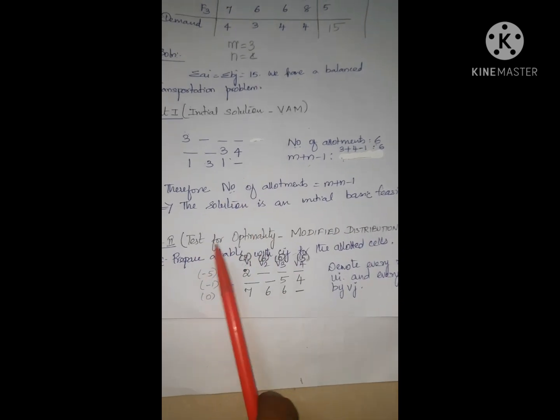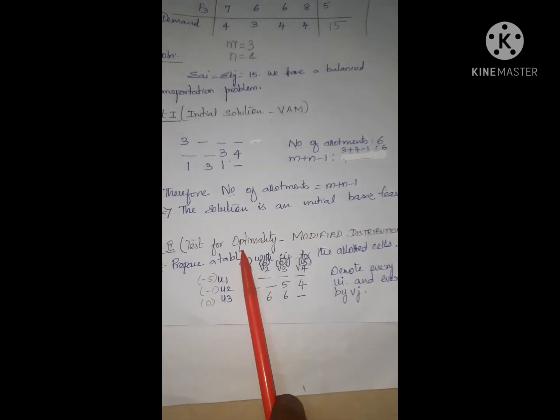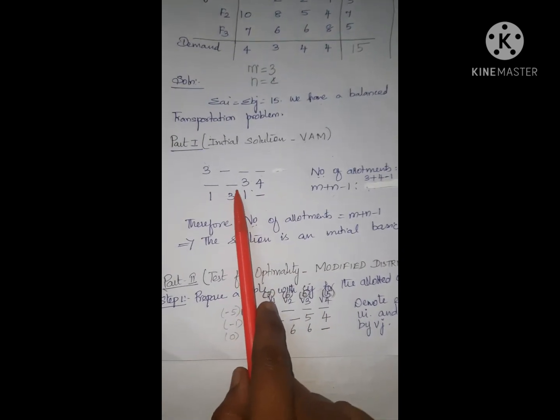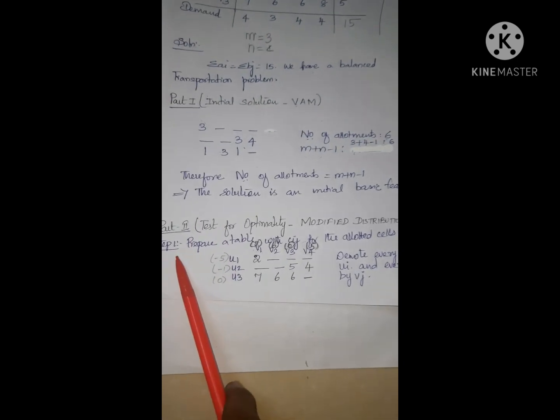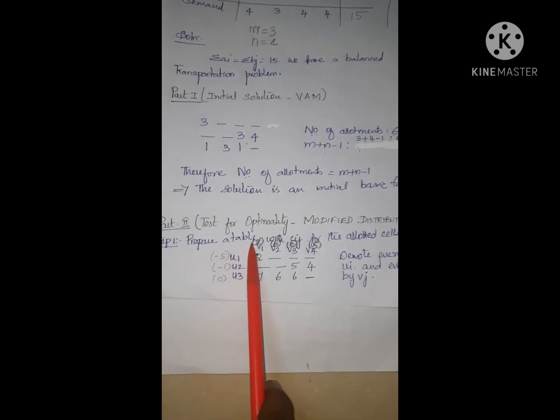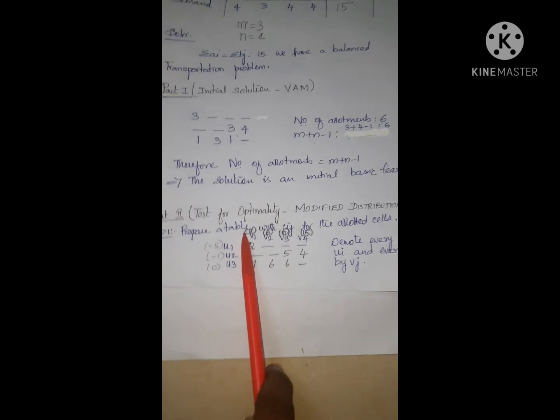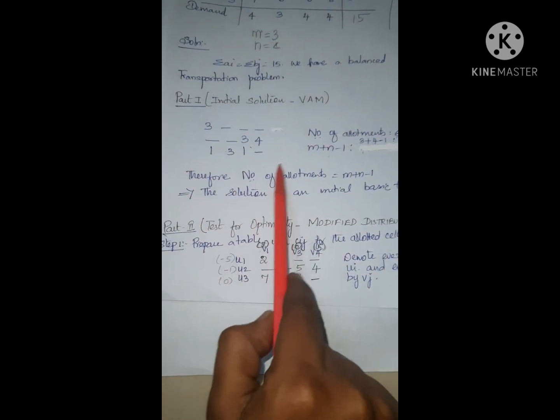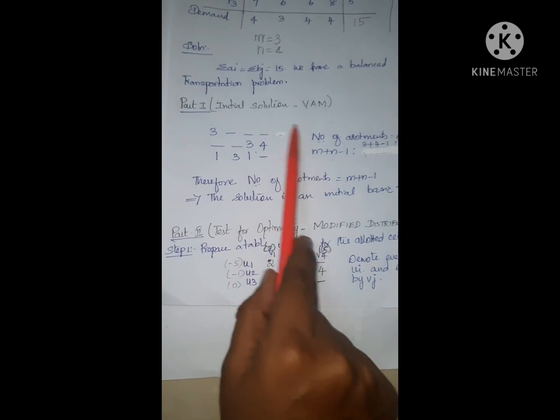The optimality test is going to be conducted for the initial solution obtained so far, using the method called the modified distribution method. This modified distribution method has the following steps. Step 1, we are going to prepare a table for all the allotted cells that we have in part 1.